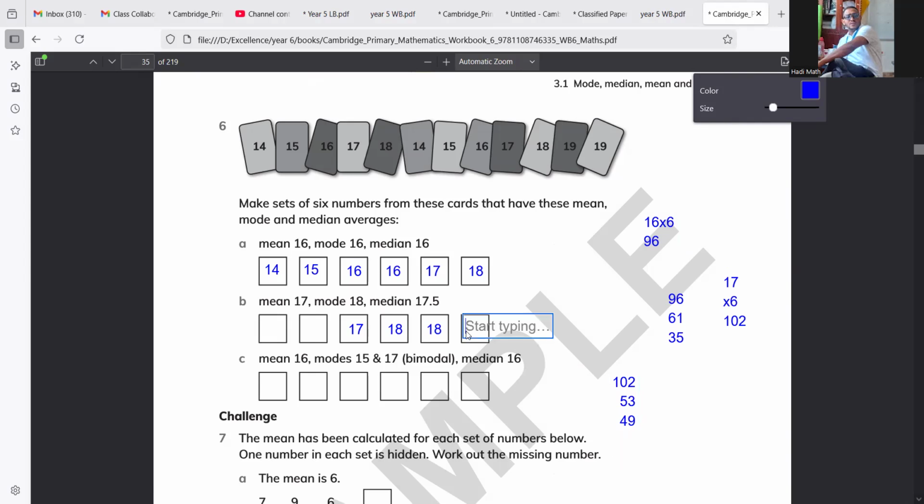If we make this one 19, we know those two together have to be 30, because 49 minus 19 is 30. I need two numbers that give me 30 and are less than 17. We can say 15, 15, but if we say 15, 15, the mode is not going to be 18. It's going to be 18 and 15. So we have to say this is 14 and this one is 16.